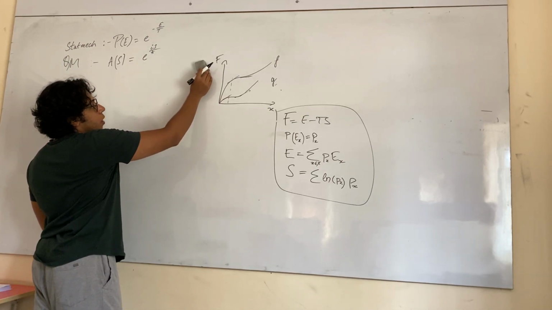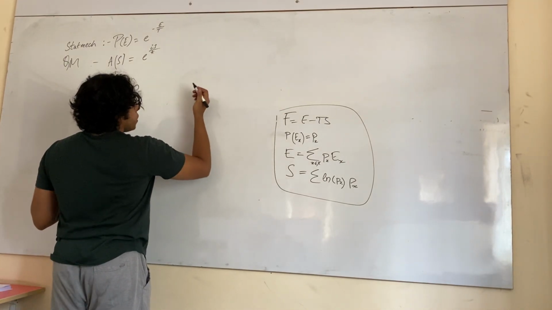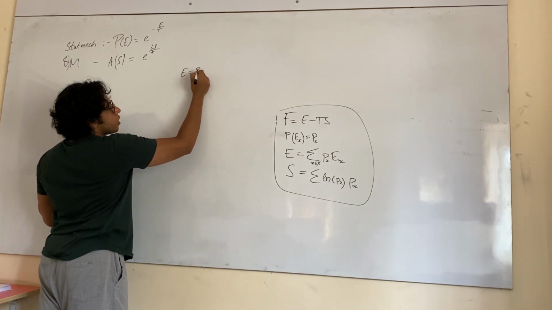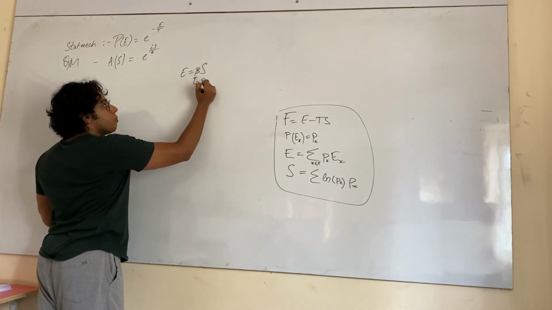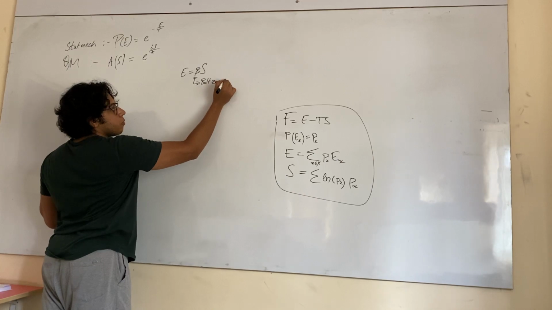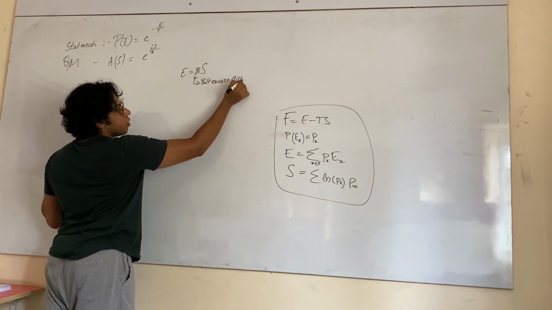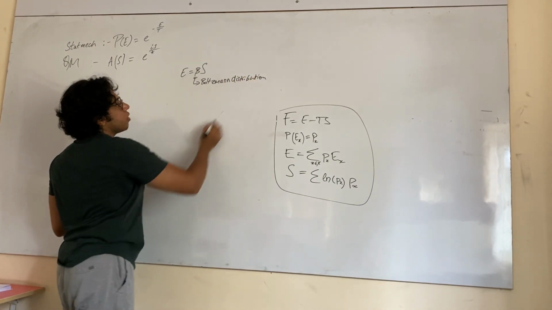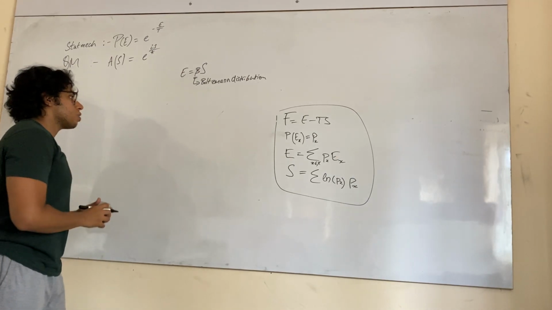Like you have lambda here, you introduce a beta. So you say E is equal to beta x, where beta is given by the Boltzmann distribution.